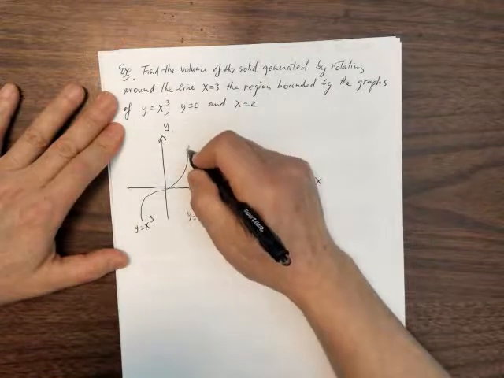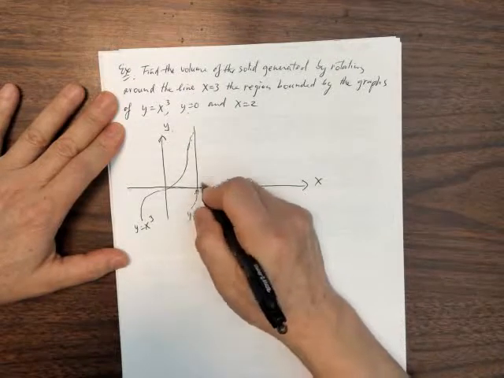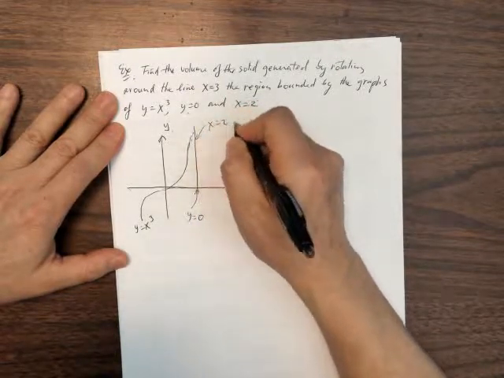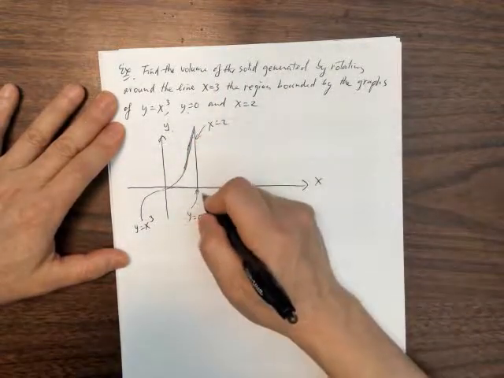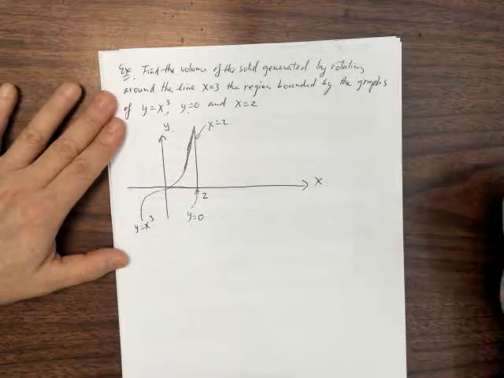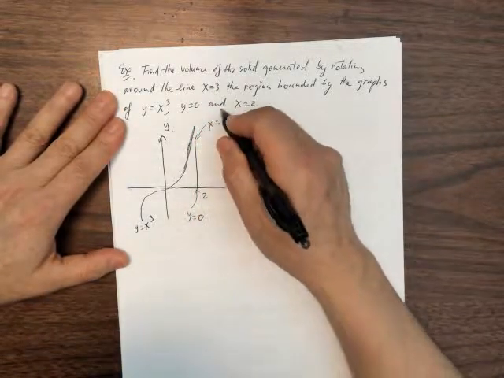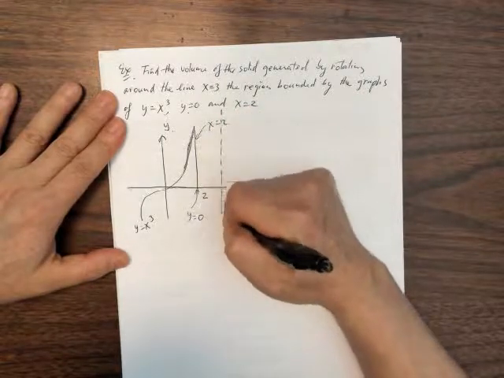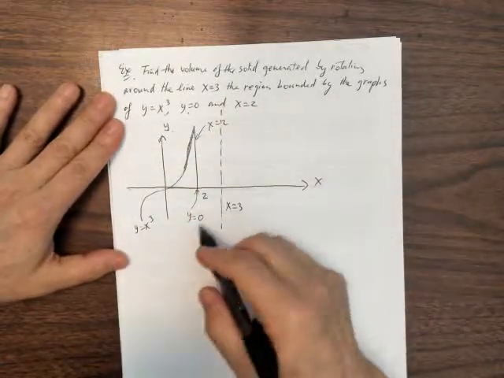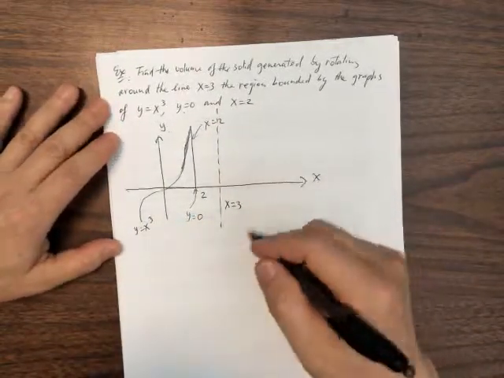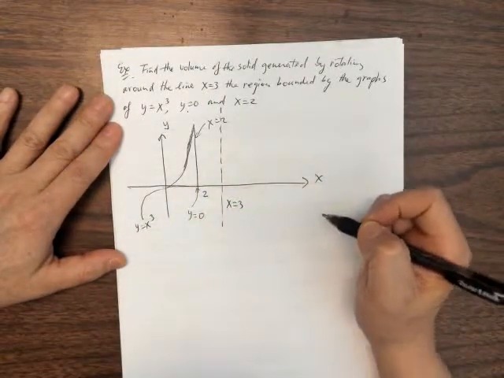X equal to 3 is a vertical line. Now x equal to 3 would be approximately here. See, I got a lot of room for the graphs to sketch, and also for the revolution.